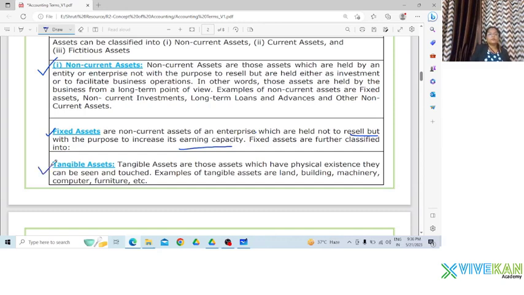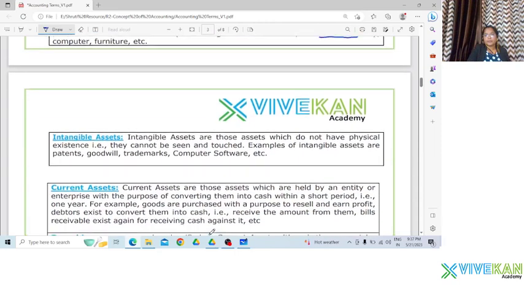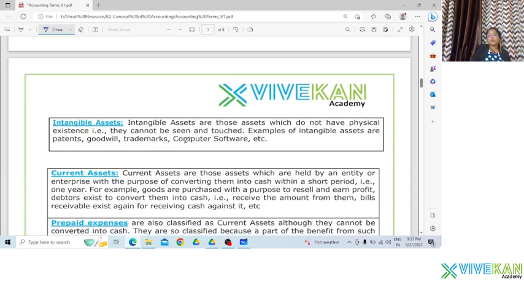Now with fixed assets, you have to understand that there are a few assets which have a physical existence, like the plant, machinery and building I have been giving as examples. Those which have physical existence, meaning you can touch them and see them, are called tangible ones. But those which you cannot touch are called intangible assets. For example, patents, copyright, computer software. These are all intangible, which do not have any physical existence.